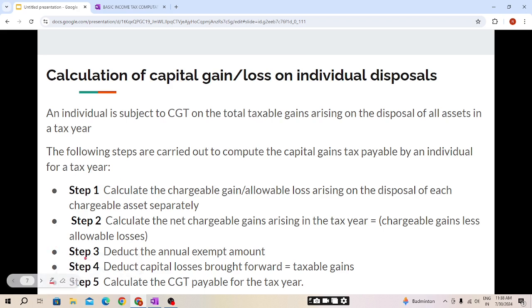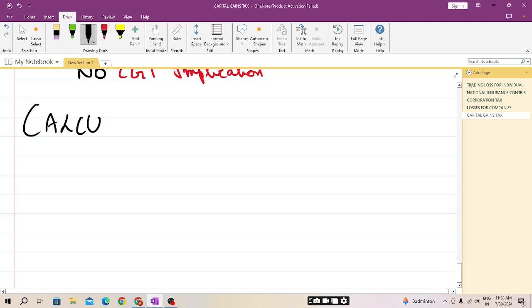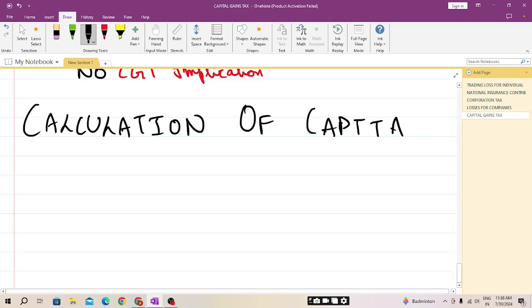So the capital gains tax will be calculated on the total taxable gains arising on the disposal of all assets in a tax year, students. I hope this is clear. Now coming to the calculation of capital gains tax.